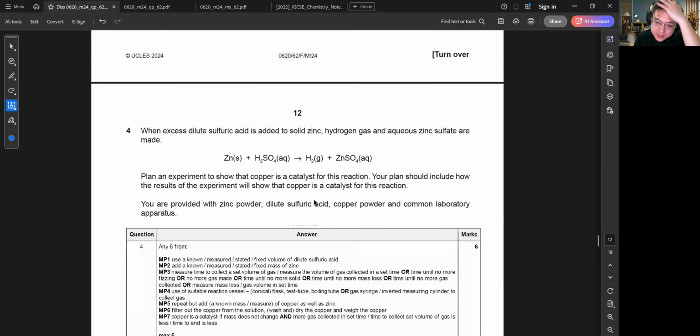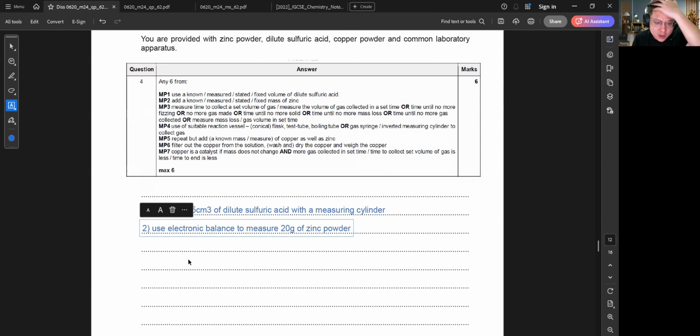Because the question told us that they give us zinc powder. All right. And then three. So here, three, they say measure the time to collect a set volume of gas. Okay, I see. They are doing the experiment first without the copper and then with the copper to see the increase in the mass after we use the copper. All right.